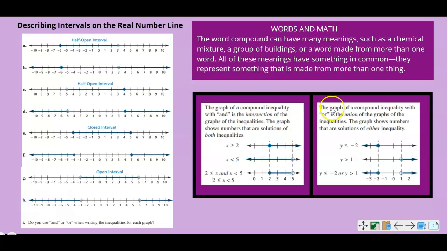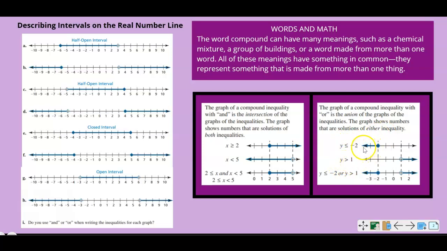Okay? All right, so the graph of a compound inequality with or is the union of the graphs. The graph shows numbers that are solutions of either inequality. So these show both, and this shows either. So y less than or equal to -2 or y greater than 1.